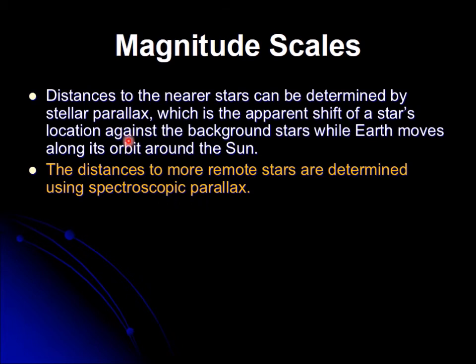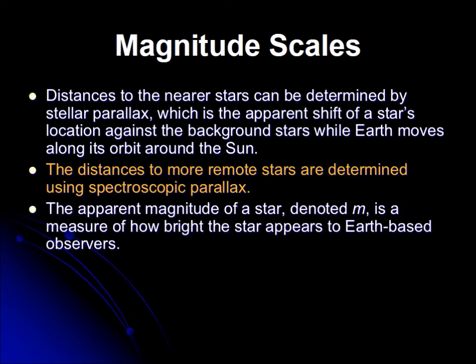Now, stellar parallax works up to 30 parsecs or so. It doesn't work for huge distances. But this other method that we found, the spectroscopic parallax, works in a different way. And we talked also about the apparent and absolute magnitude of brightness of the star.